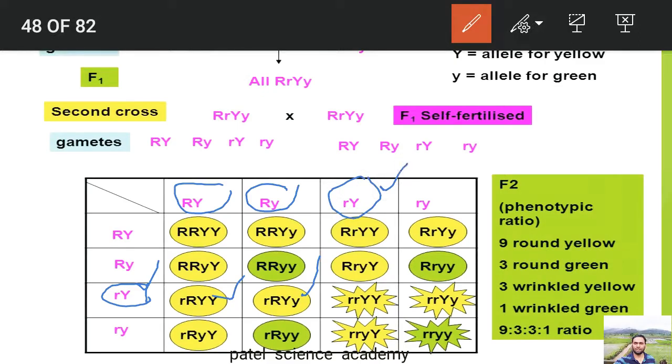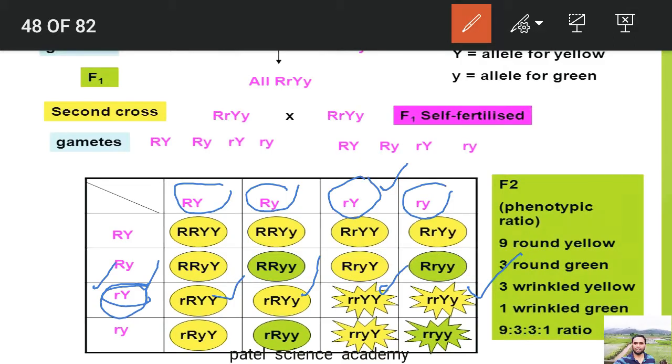Then this one, small r capital Y, will fuse with this and will make small r small r, capital YY. And this small ry with this small r capital Y will make small rr, capital Y small y.